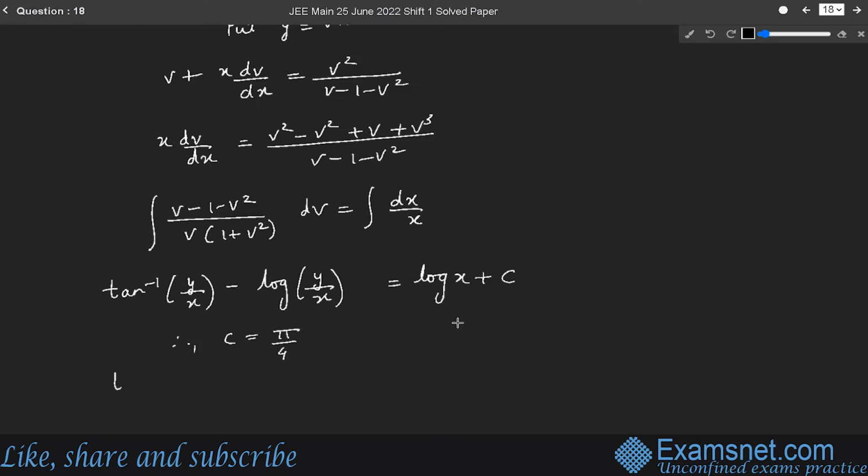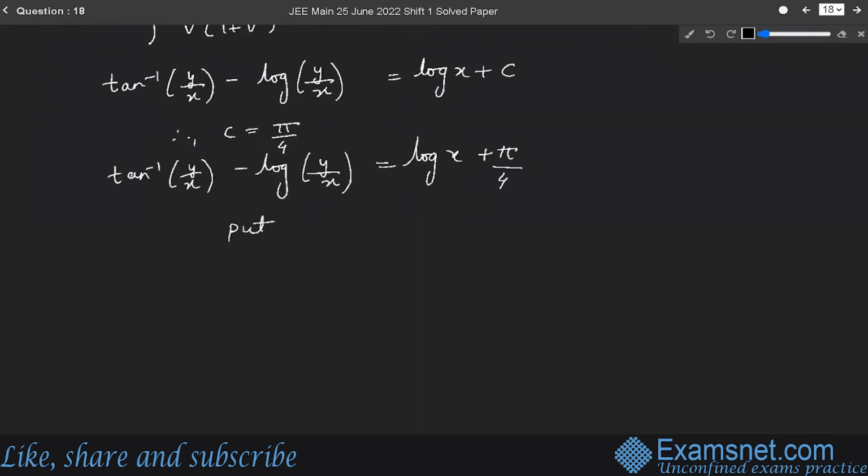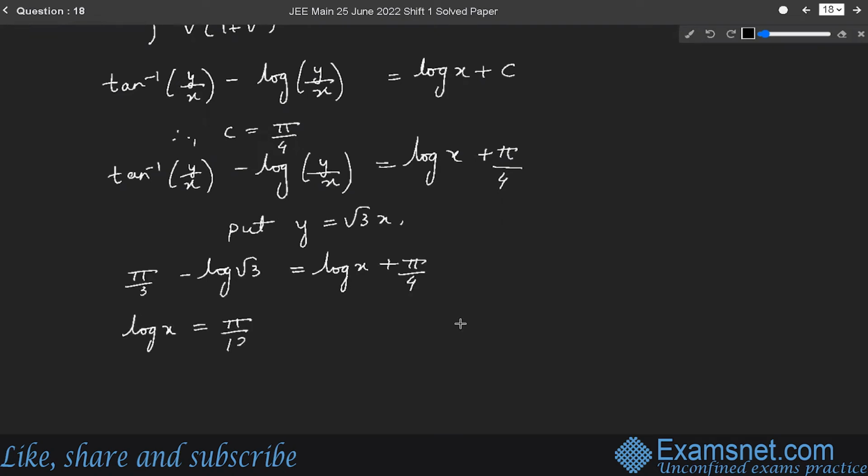And the equation becomes tan⁻¹(y/x) − log(y/x) = log x + π/4. Now, putting y = √3x, we get π/3 − log √3 = log x + π/4. Therefore, log x will be equal to π/12 − log √3. So, it will be equal to log a.